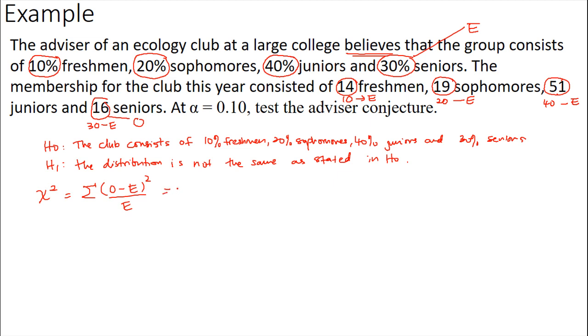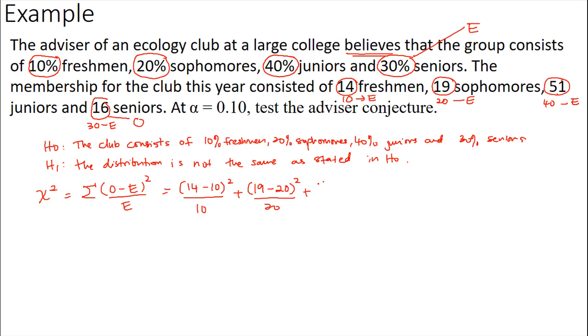We have four categories: freshmen, sophomores, juniors, and seniors. For freshmen, observed is 14 minus expected 10, squared, divided by 10, plus for sophomores, observed 19, expected 20, squared, divided by 20.